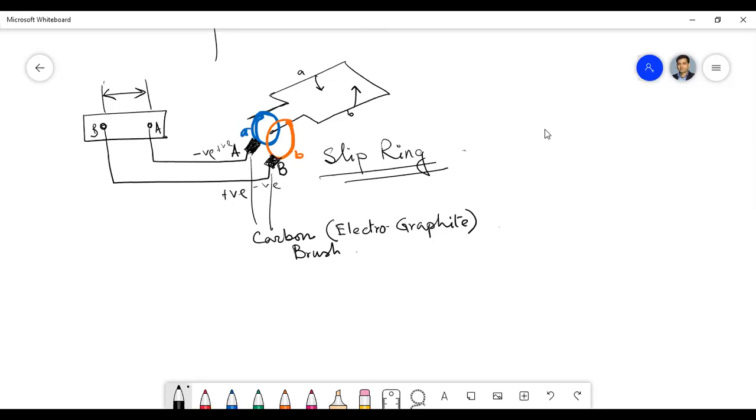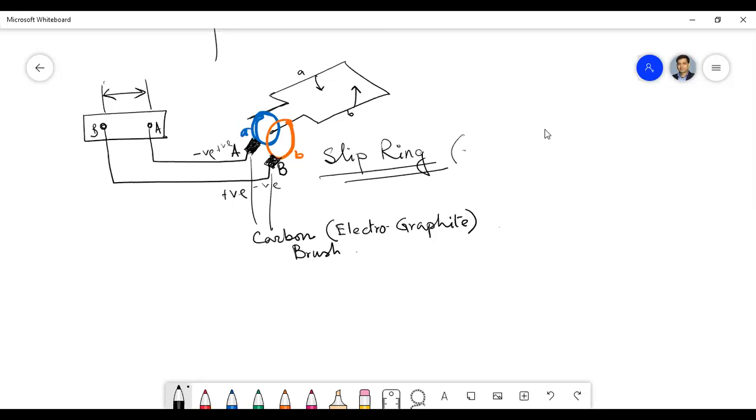Okay, so carbon has a typical nature. It creates some kind of lubrication at the interface. I am not going into that, but it will create some lubrication. And the rings are made up of copper, and we use special type of copper which has very less corrosion, you can say.